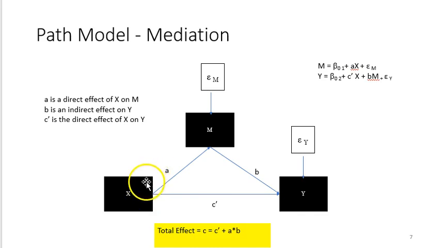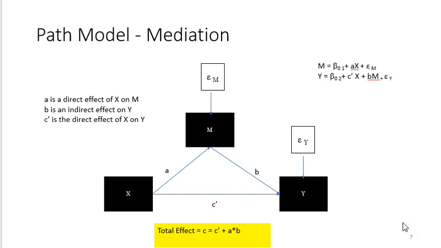The effect of X on Y through M is called the indirect effect, and the effect of X on Y through the C prime path is called the direct effect. And the combined effect is called the total effect. And you can calculate it here, or you can actually run a regression to calculate it.